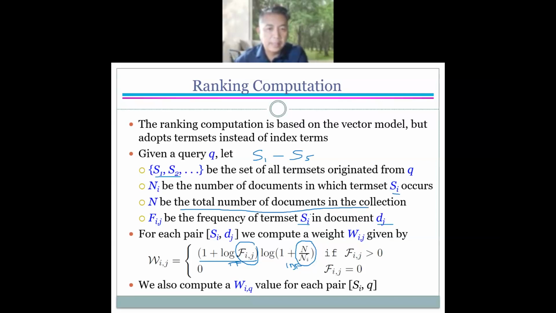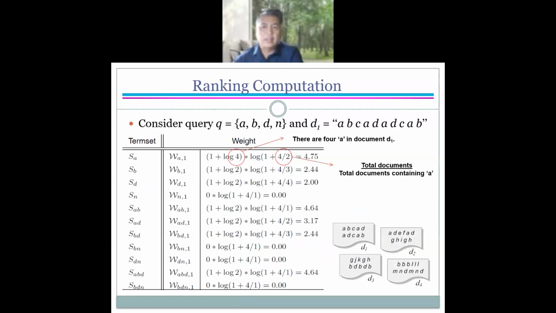So we are looking at sets now, not individual terms. Here we are referring to how many times the set exists in document j, and this is the weightage. Let's compute the weightage for the set i in Q.